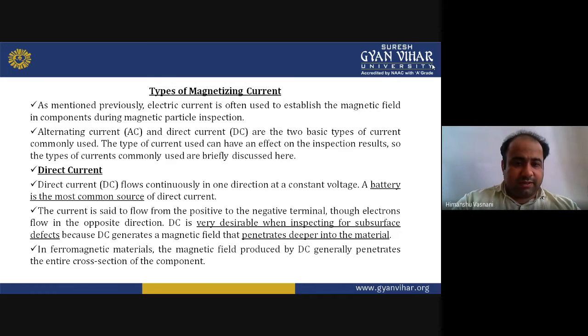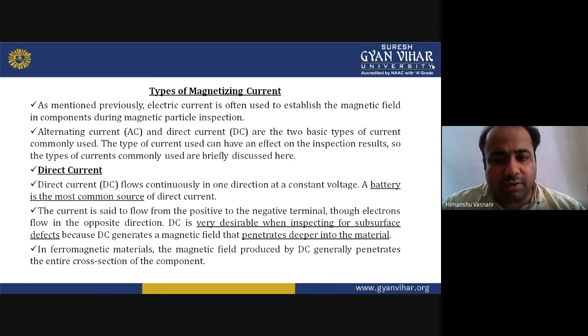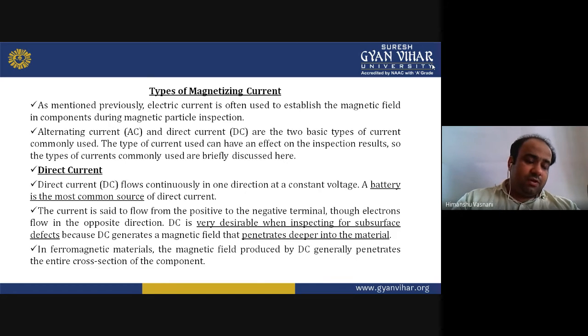Now understand this, direct current is desirable for subsurface defects. If you want to inspect subsurface defects, you use direct current because it generates a magnetic field that penetrates deeper into the material. DC provides a constant voltage and the current flows in one direction.